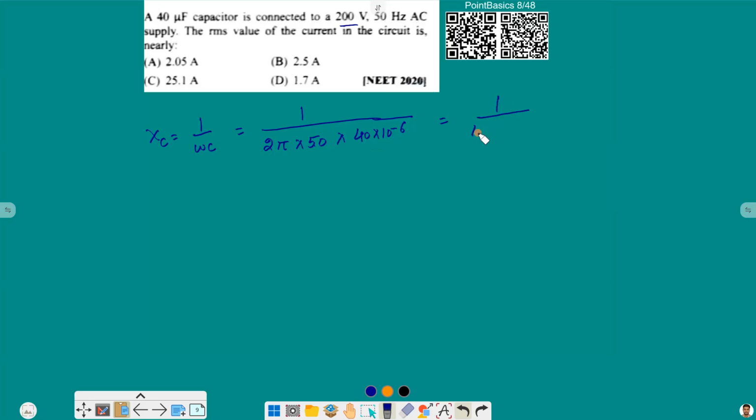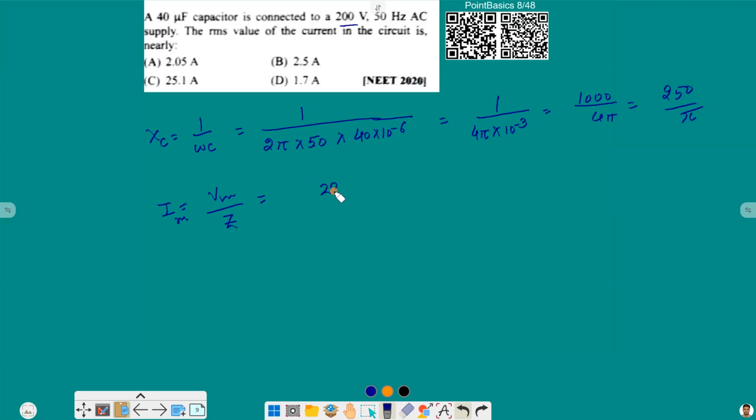So this will be 1 by 4 pi into 10 raised to power minus 3, or 1000 by 4 pi, or we can say 250 by pi. That is the impedance. So the RMS value of current will be Vrms by Z, and as we have only a capacitor in the circuit, Z will be equal to XC.